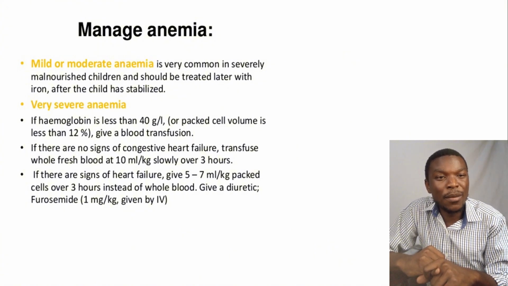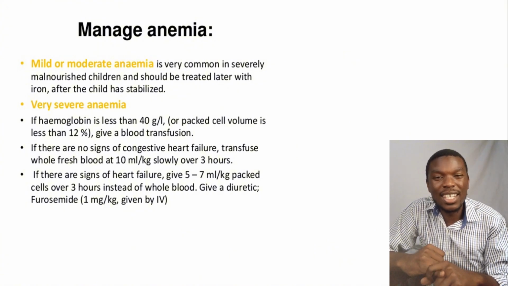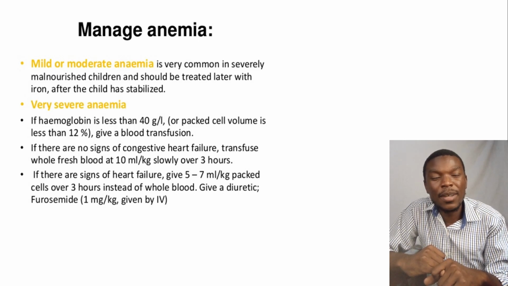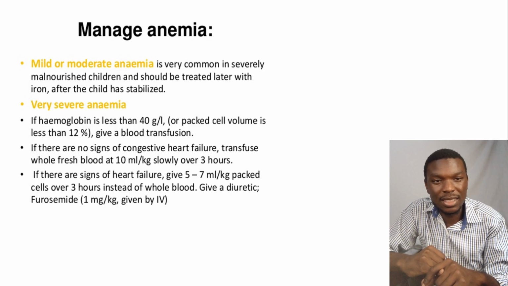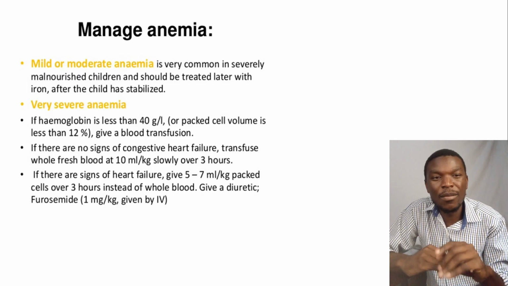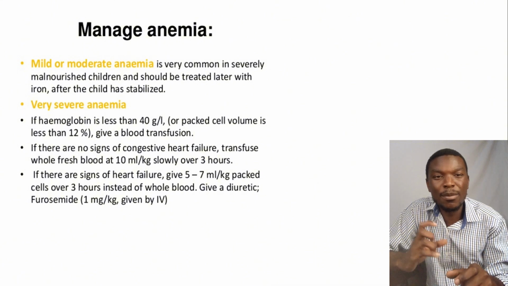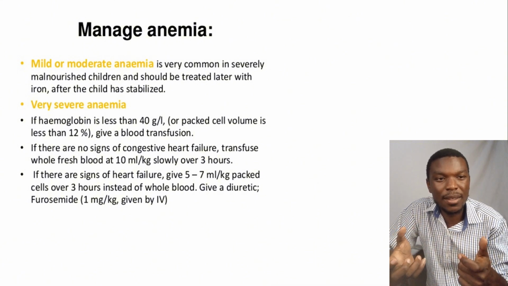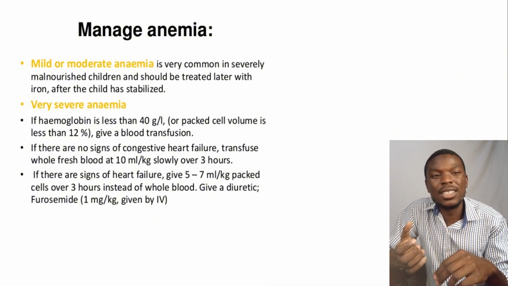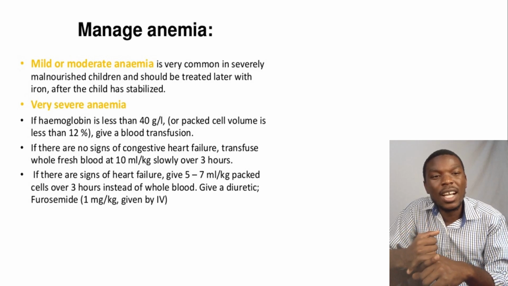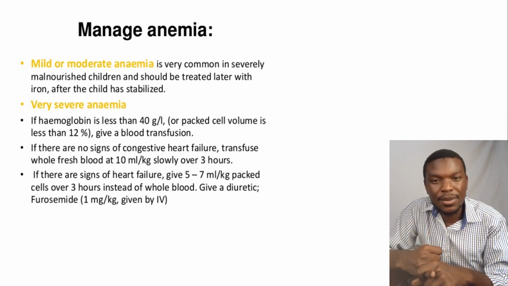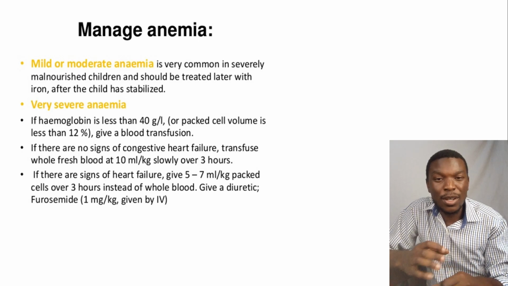If there are signs of heart failure, so you check your signs of heart failure, you give 5 to 7 ml per kg of packed cells over 3 hours instead of whole blood. So this time we're giving packed cells, not whole blood. On top of that, you give a diuretic so that you avoid fluid overload.